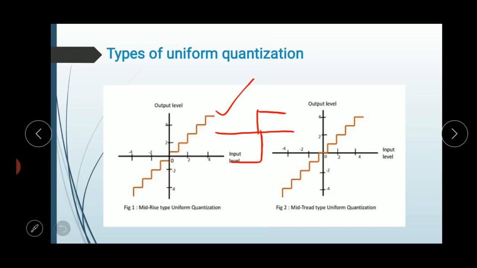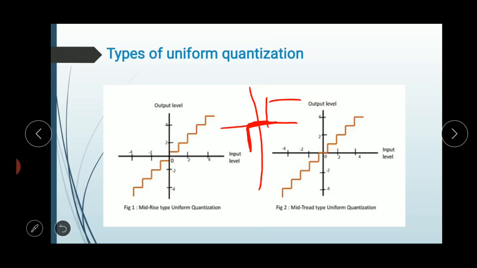Okay, second one is the mid-tread type. The mid-tread type is so called because the origin lies in the middle of a tread of the staircase. So if this one is the origin line, then here is one tread, then here is the complete staircase, this one, then here is the positive part, and here the y-axis.